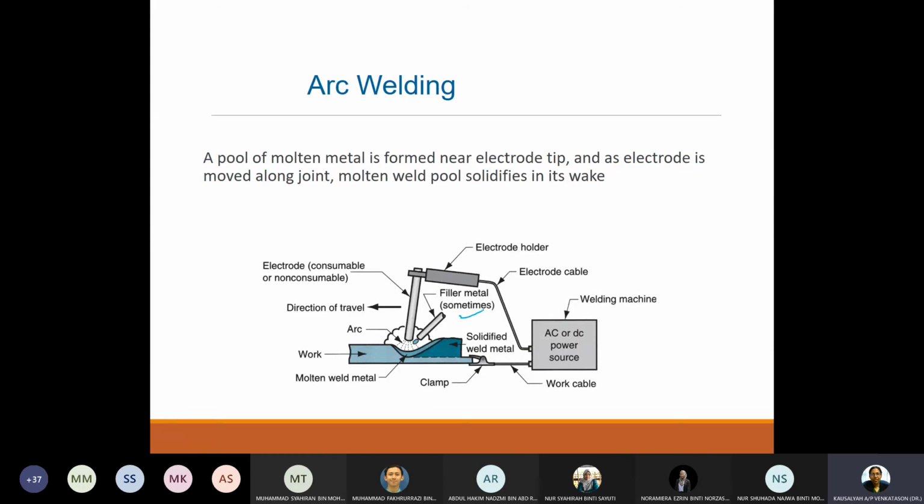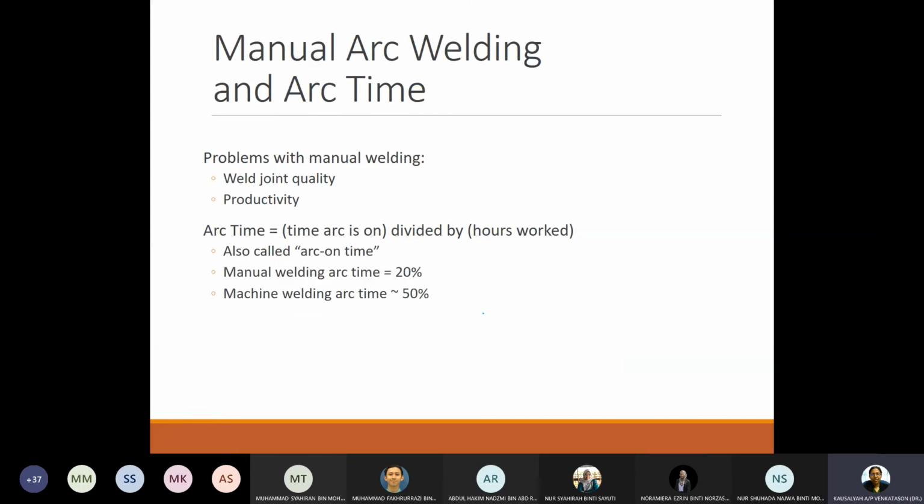Sometimes the presence of filler will be there, sometimes it is not. So the manual arc welding and arc time: the problem with manual welding is the weld joint quality, because it is subject to manual holding. So there is no consistency in our movement process.